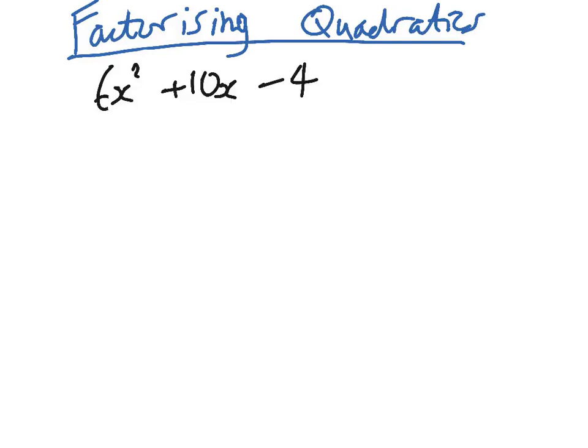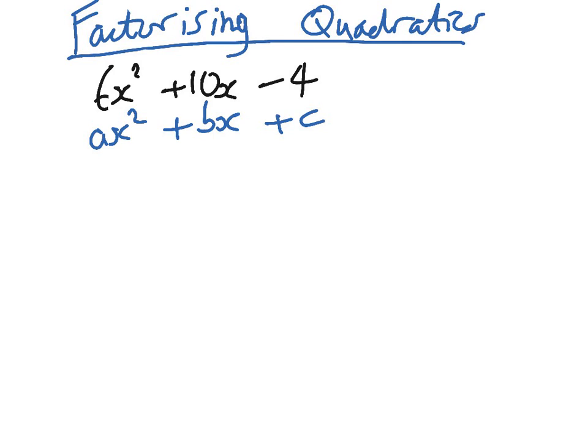Here is another method for factorising quadratics. To start off with this one, we're going to write underneath ax squared plus bx plus c. In this case, a is 6, b is 10 and c is -4.